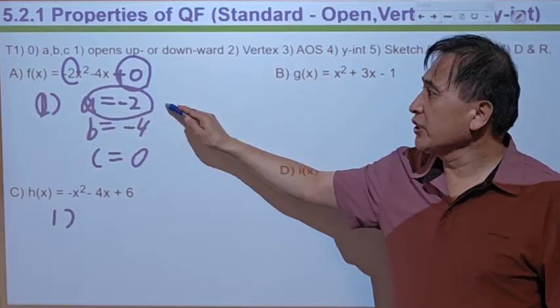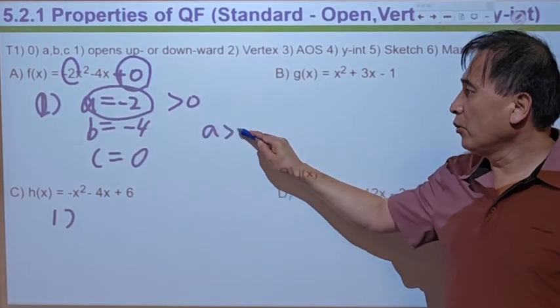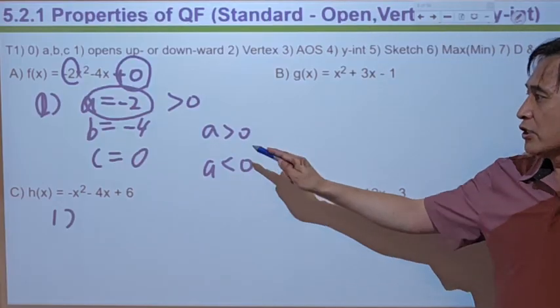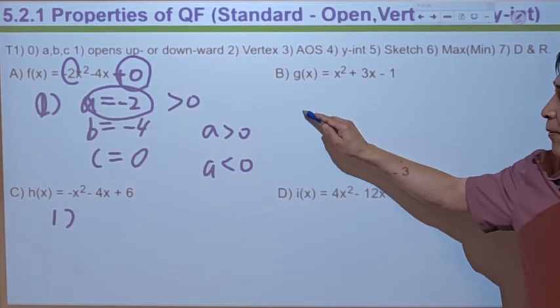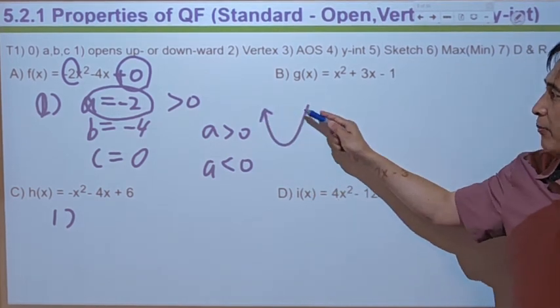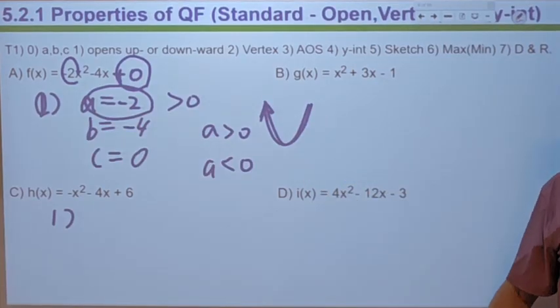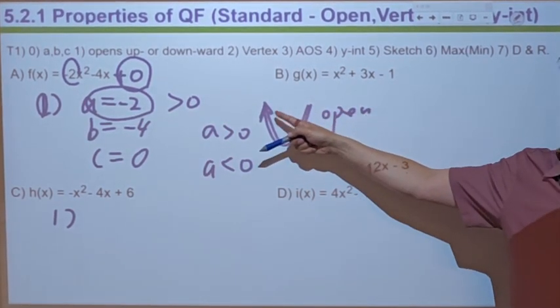And now, number 1. A is very important. So leading coefficient, this is first: whether a is bigger than 0 or smaller than 0, it cannot be 0 because 0 is not quadratic. So when a is bigger than 0, which is positive, the graph starts from the top and goes like that. You draw a graph like that roughly and you say it opens upward, right?